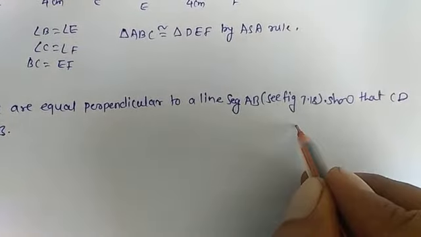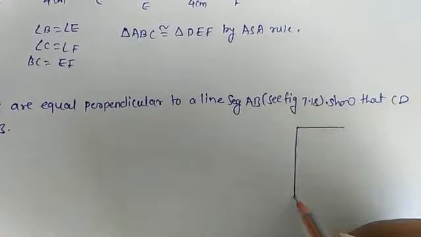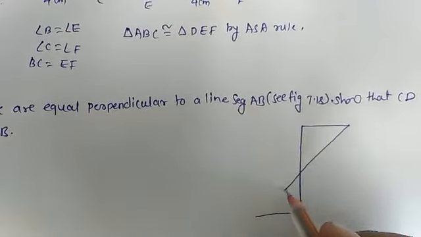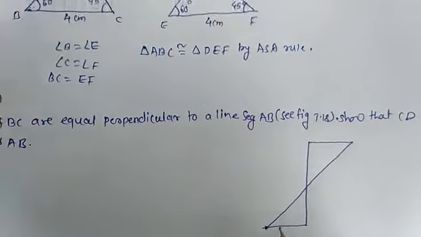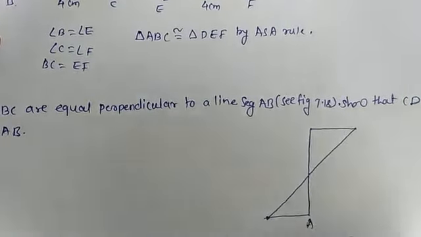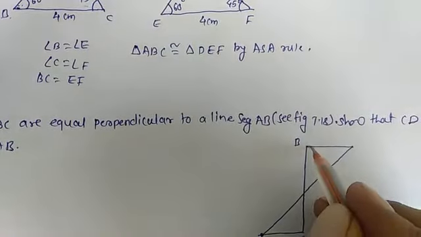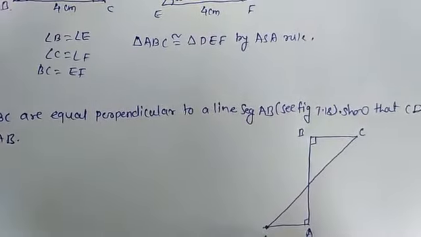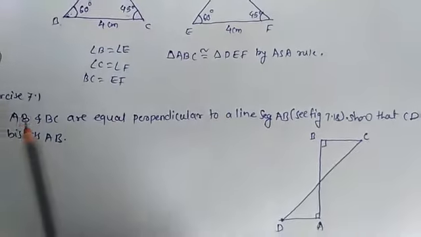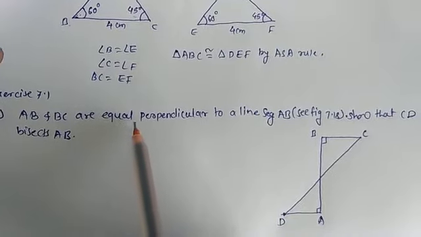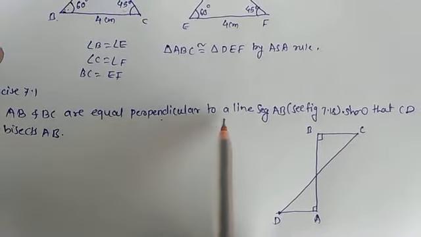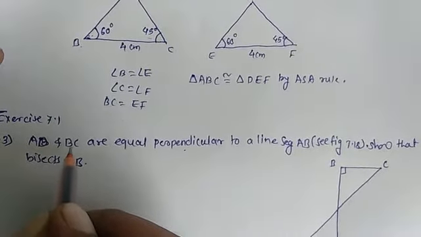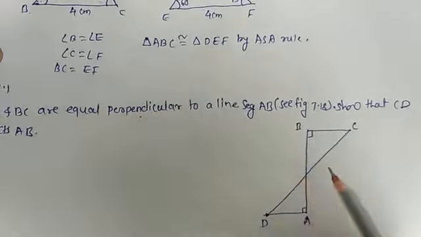Now here a diagram is given. Angles A and B are both 90 degrees.